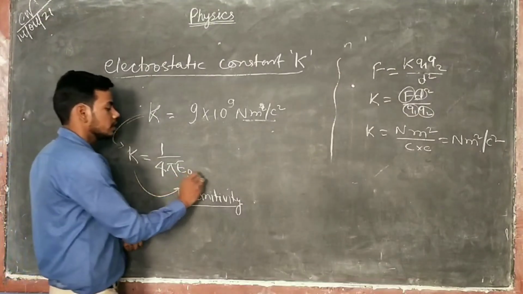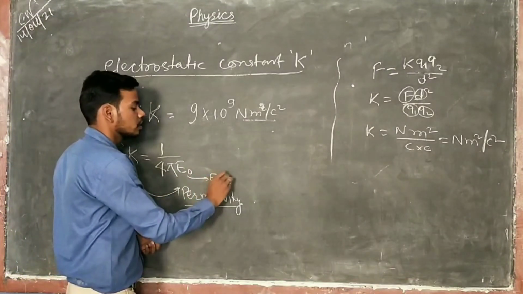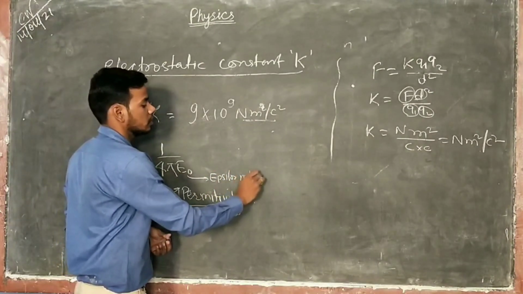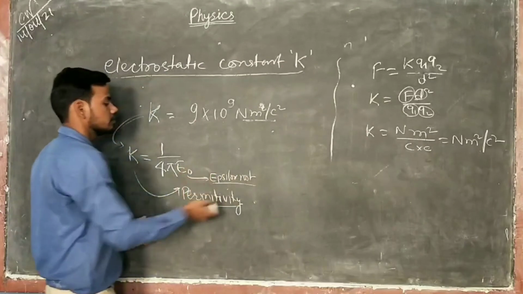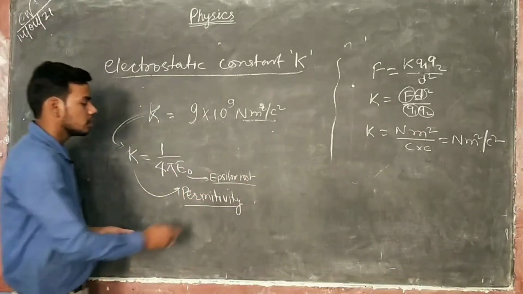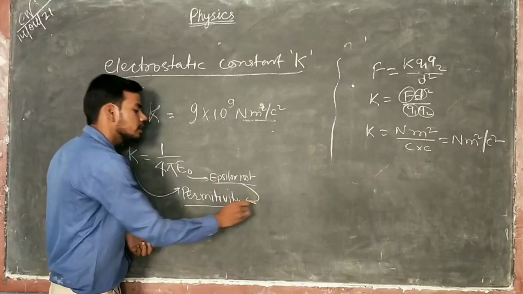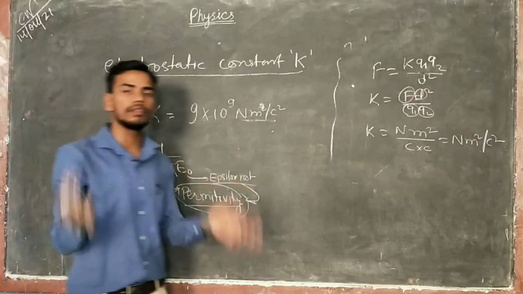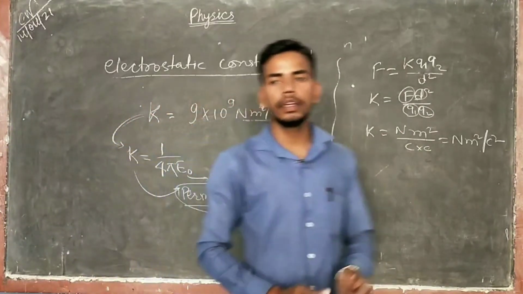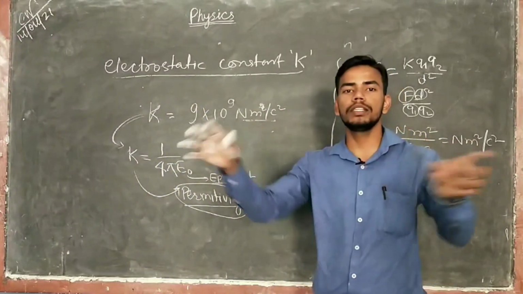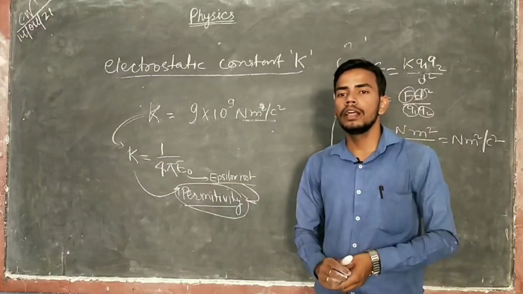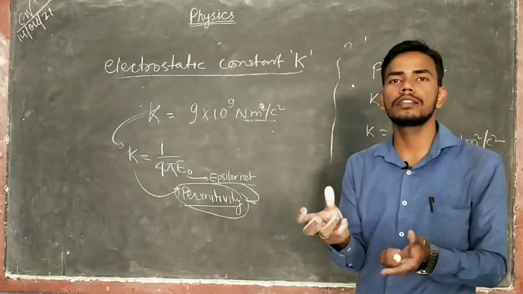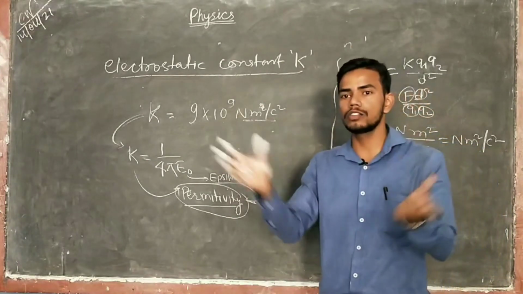Here this one is read as epsilon naught, and epsilon naught shows the permittivity of the medium. Permittivity means allowance of the medium. Suppose two charges are kept in a free environment, then there would also be some restrictions like air, like some particles of dust.